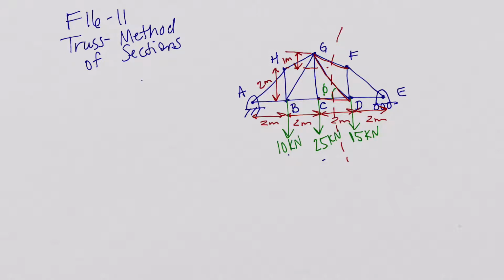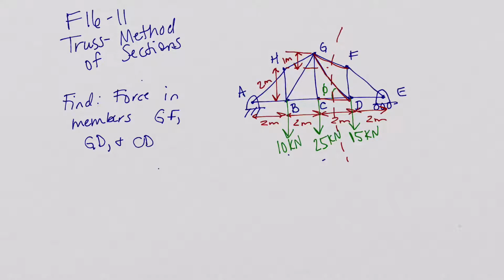So I'm going to go ahead and write down, so they want us to find the force in members GF, GD, and CD. And then they want us to state if they're in tension or compression, so tension or compression for each.